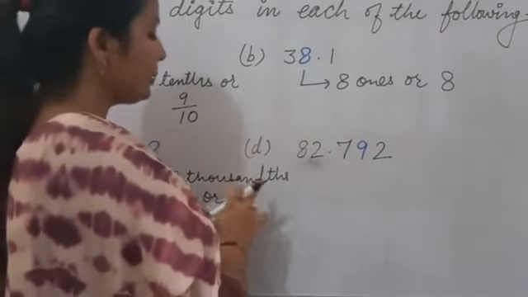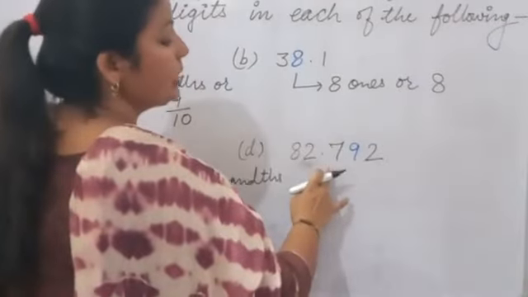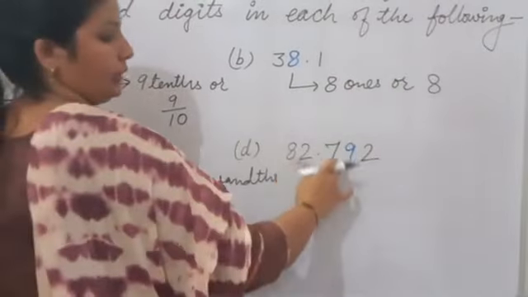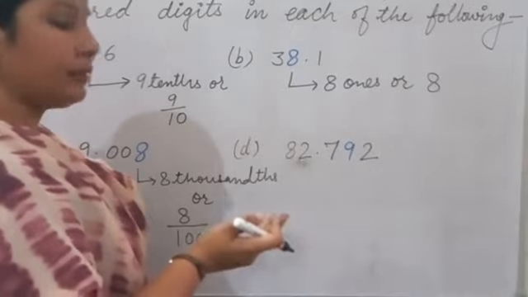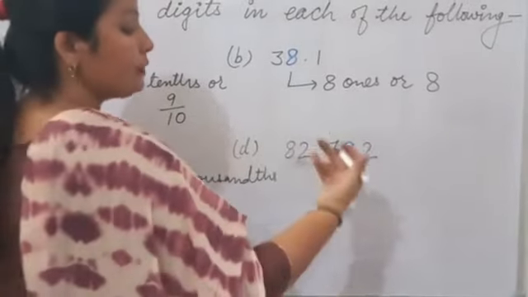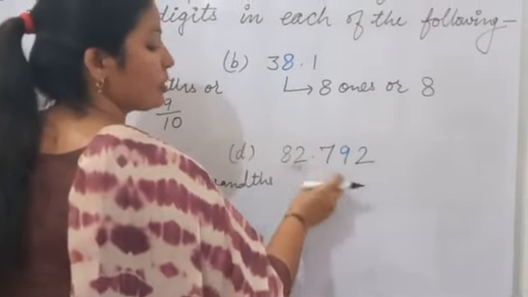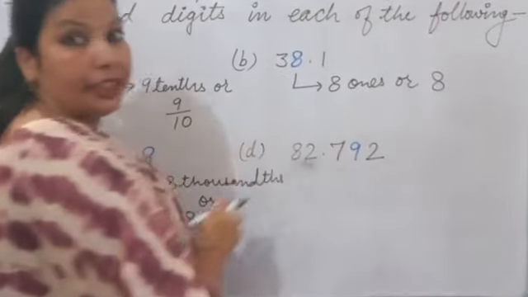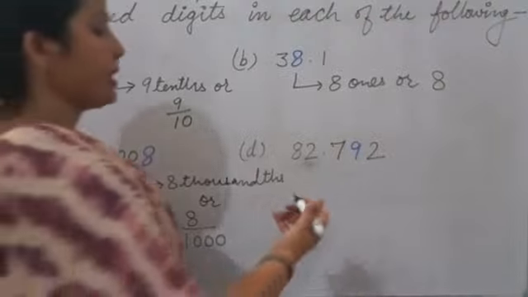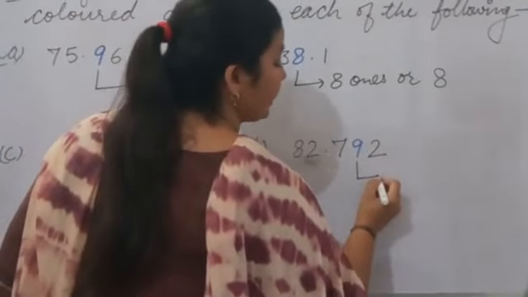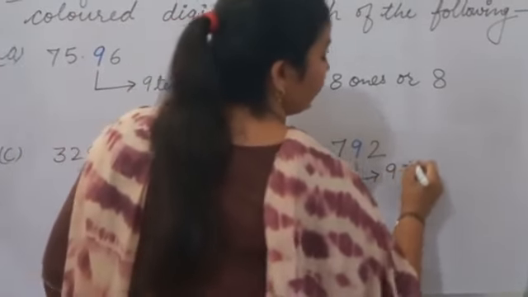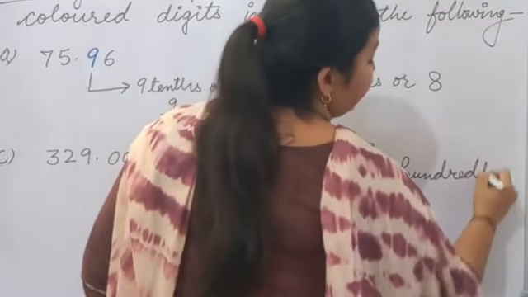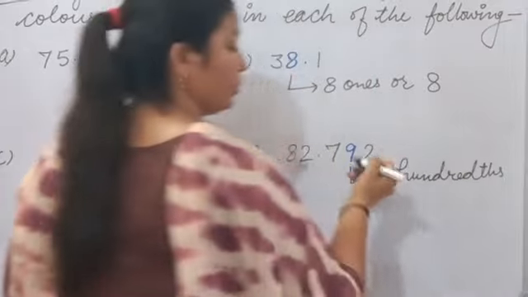Now next D part, 82.792. Okay. Which is colored here? 9. So you have to find place value of 9. So firstly you will see what is the place of 9. So you will see this is tenths and this is hundredths. 9 is on the hundredths place. So we'll write it 9 hundredths.